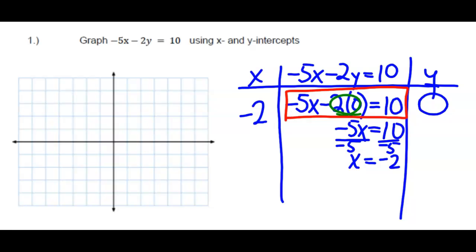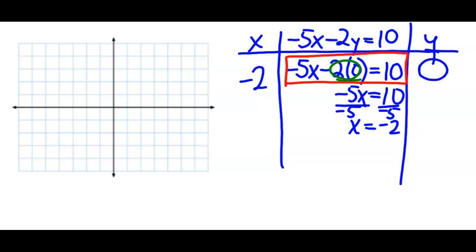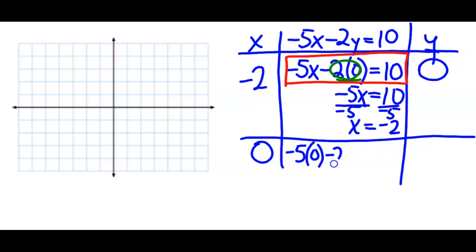My next point I'm going to find is my y-intercept, and I find my y-intercept by making my x equal 0. So what does that say? Negative 5 times 0 minus 2y equals 10.